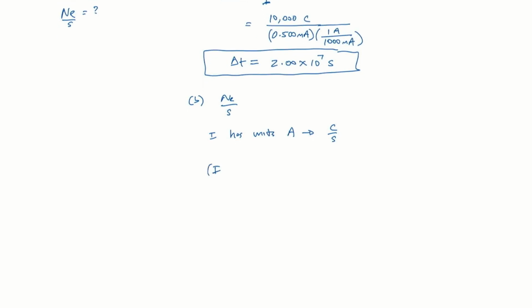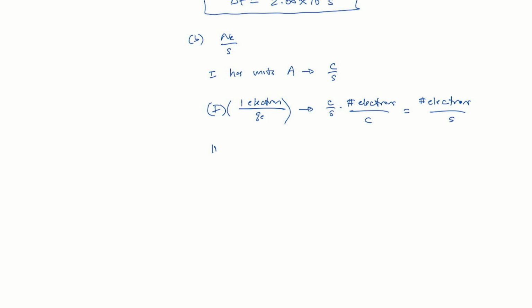If we take I times 1 electron, which is the Q sub e, unit-wise we'll have coulombs per second times the number of electrons per coulomb, which indeed gives us our number of electrons per second.